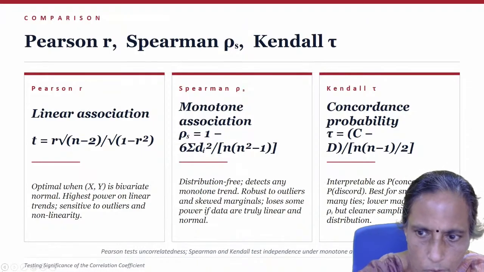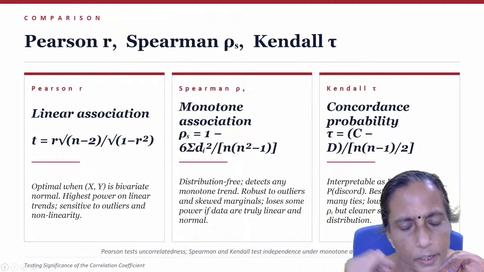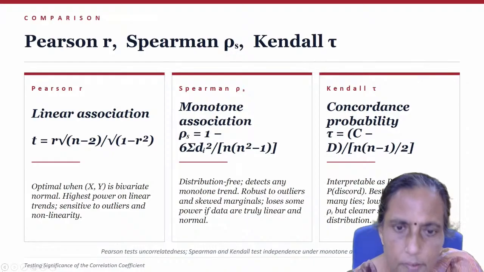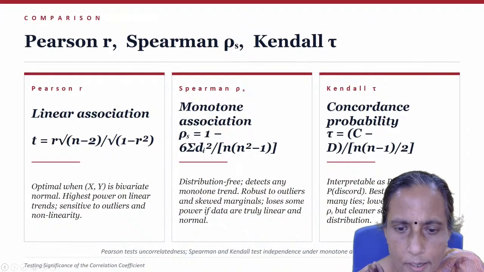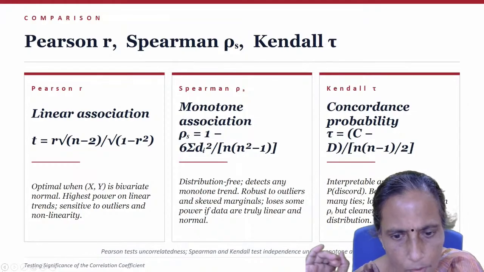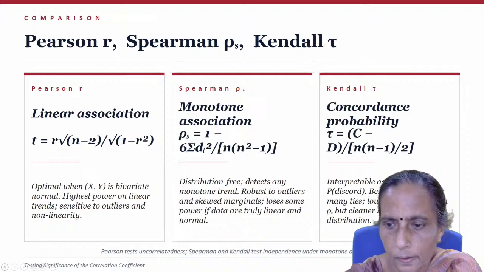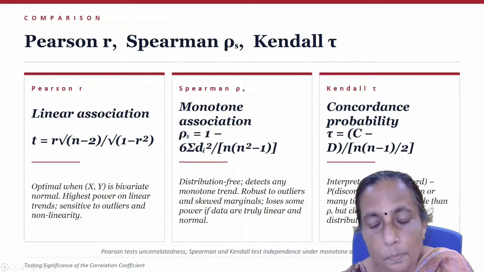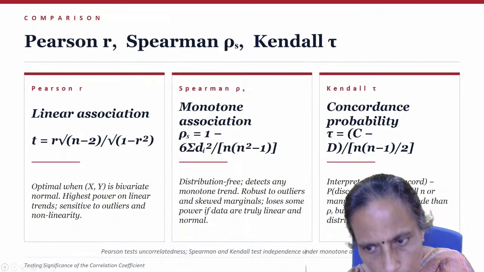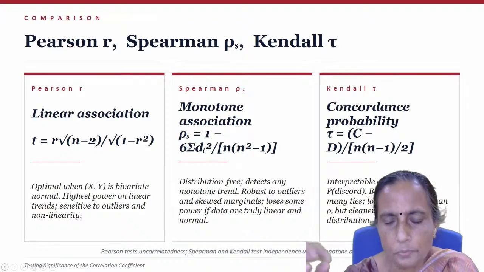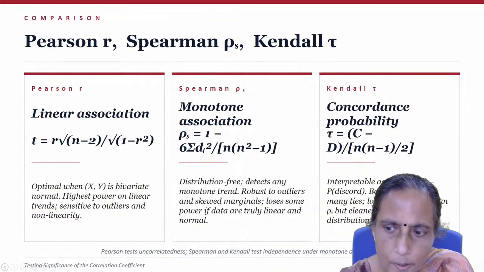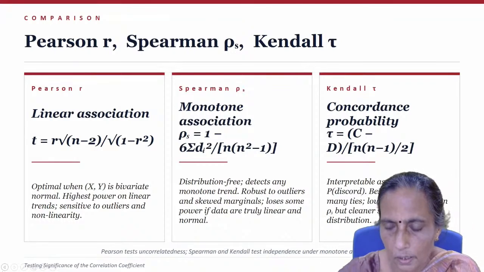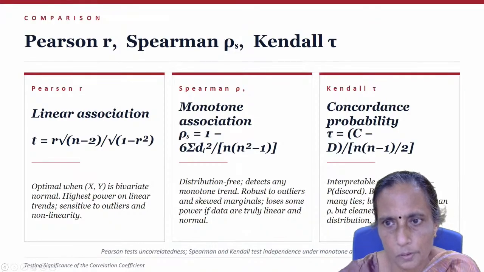Whereas these two are distribution free, detect any monotone trend, and are robust to outliers. They do not vary that much if there are outliers and skewed marginals, but lose some power if data are truly linear and normal. And Kendall's tau is interpretable as the probability of concordance and probability of discordance, best for small n or many ties, lower in magnitude than Spearman's rho, but with a cleaner sampling distribution.